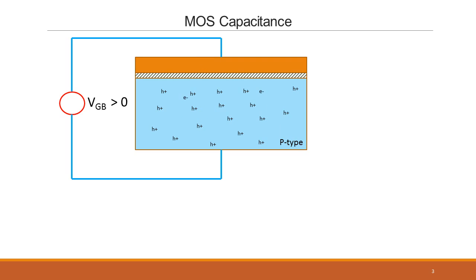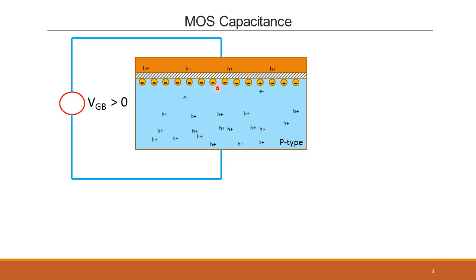When you do that, you will attract the electrons to this side, which are the minority carriers anyway, and the holes will get repelled away. Because the holes are the majority carriers and they left the atoms from here, you will get a depletion region here near the surface.